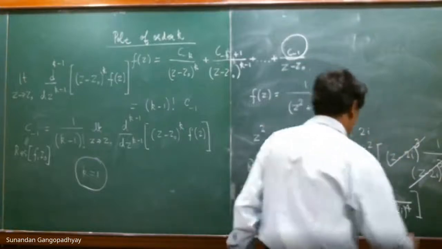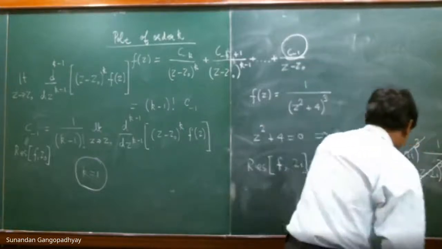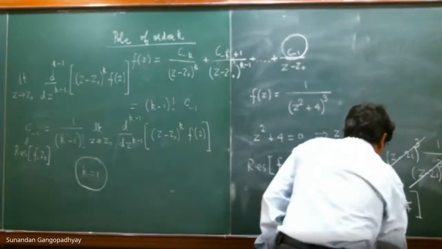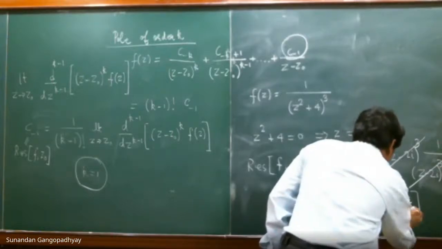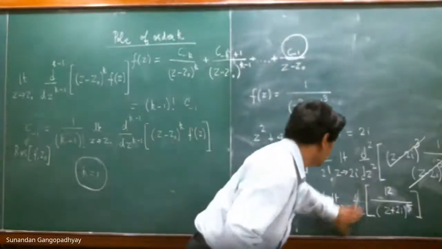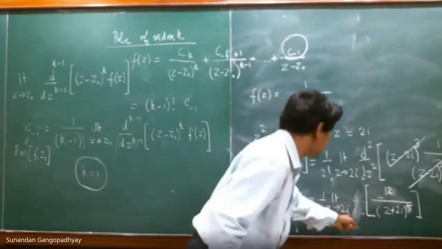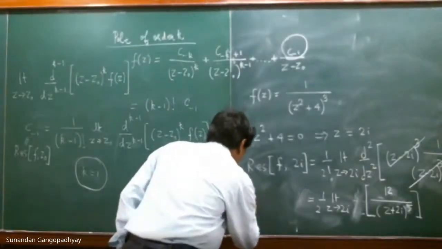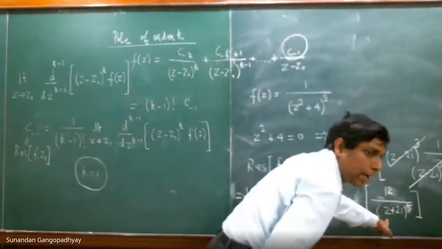Differentiate once more, then you will get minus 4. So this will give us 12, and this will be 5, and d/dz is gone. And now you just need to take z is equal to 2i.